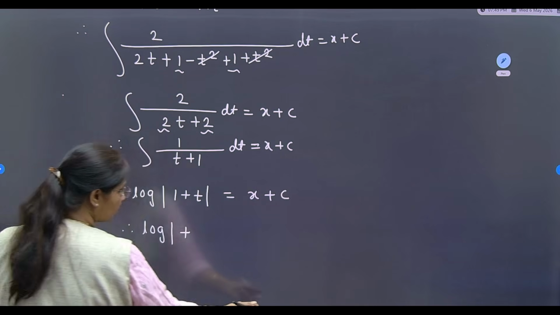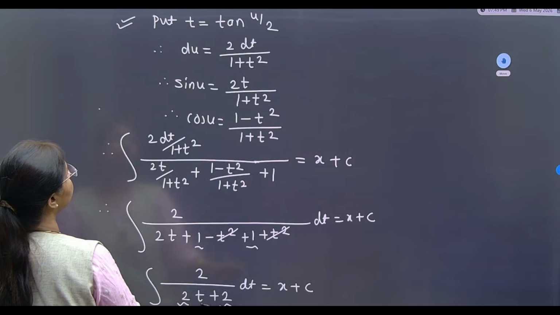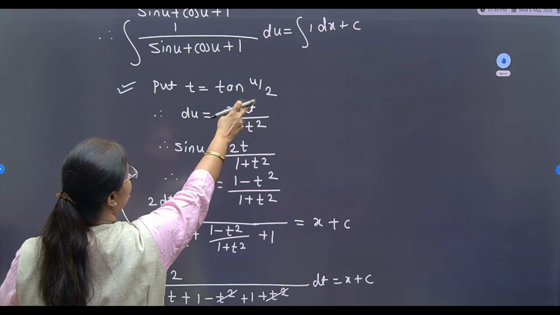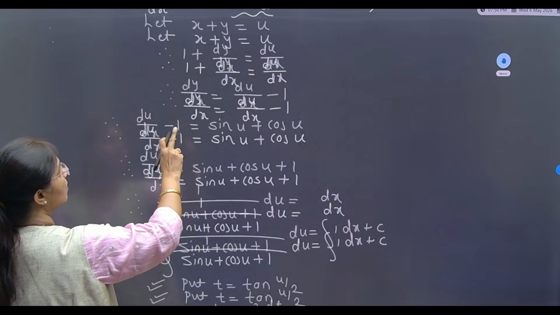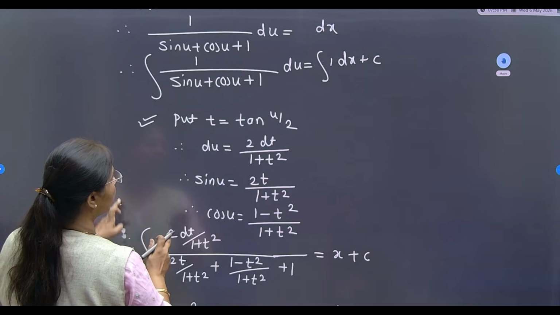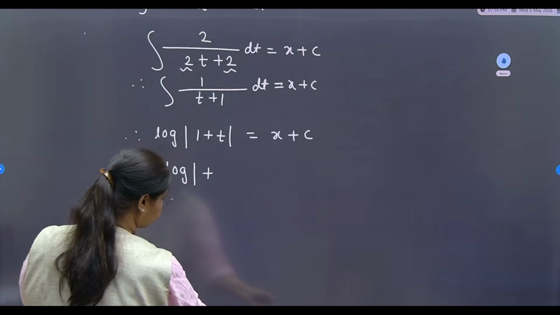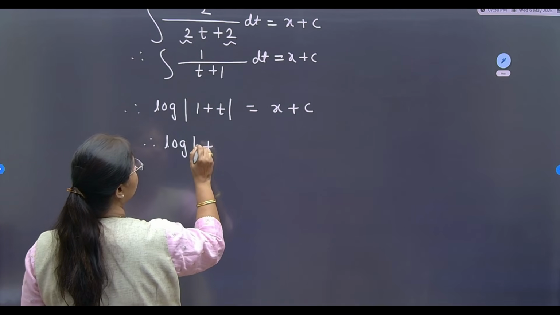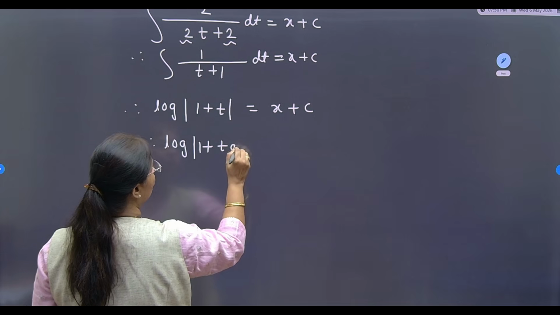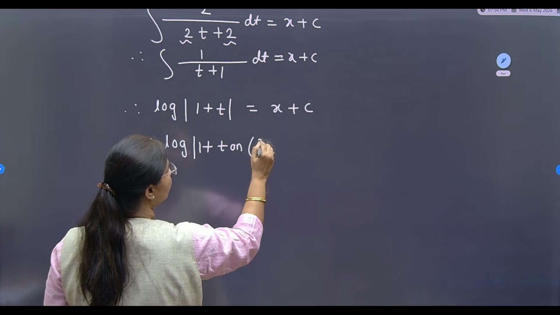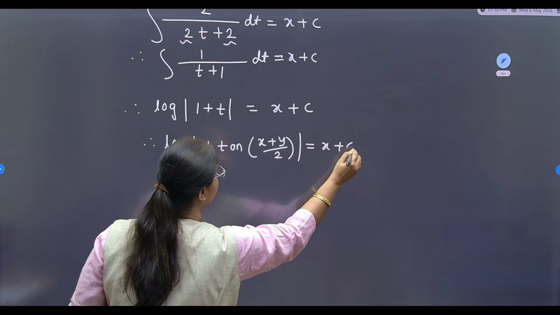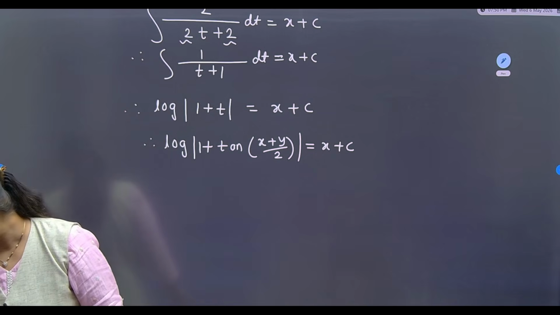Put t = tan(u/2), where u = x + y. Therefore, log|1 + tan((x+y)/2)| = x + c. This is our required answer.